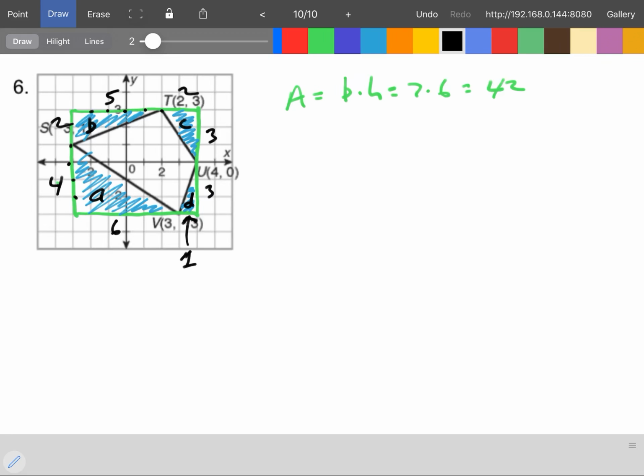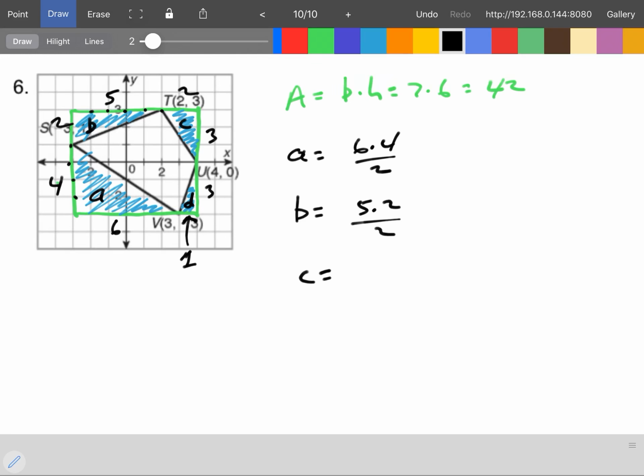All right. So then we're just going to do the same thing we did on the last one. The area of that little triangle, lowercase a, is 6 times 4 divided by 2. The little blue triangle B has a base of 5 and a height of 2, divided by 2.